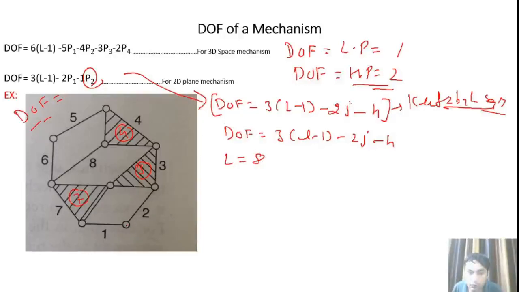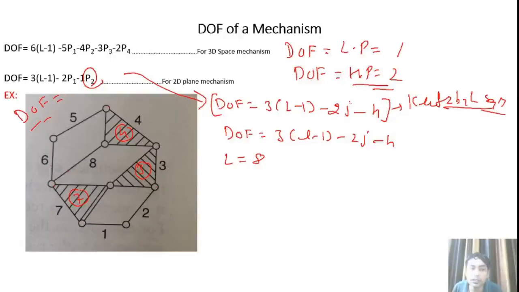Joints: 1 binary joint, 2, 3, 4, 5. Look at this. There are 3 links connected at this joint: links 6, 8 and 7.